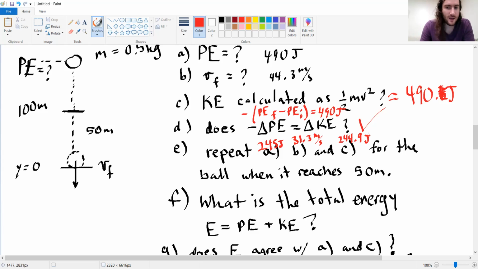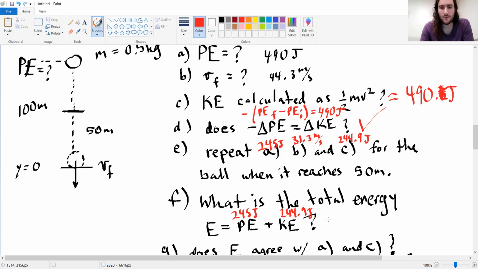Okay, so good. And then what is the total energy, part F? What is the total energy when the ball is at 50 meters? Well, what's the potential energy? 245 joules. What's the kinetic energy? 244.9 joules.